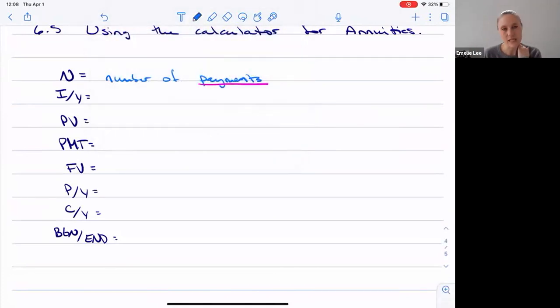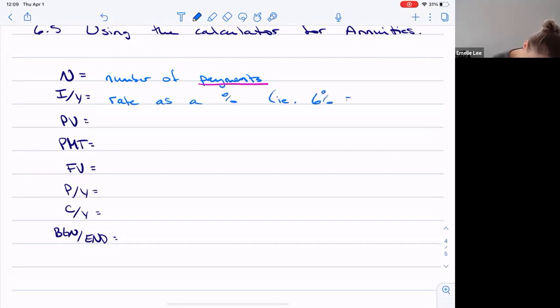The interest per year is the rate as a percentage, right? So 6% compounded quarterly, you would put in 6. Not 0.06. You don't want it as a decimal.